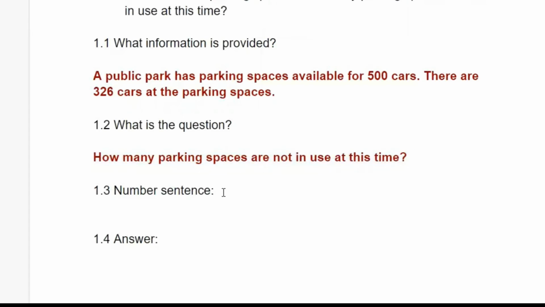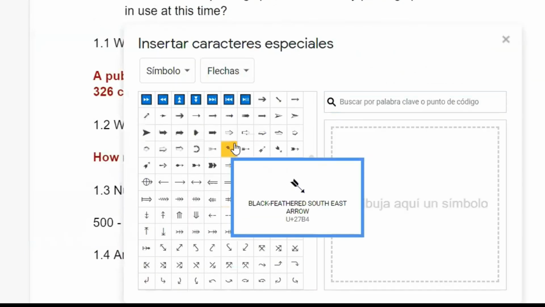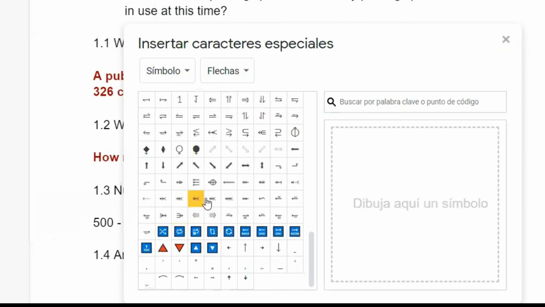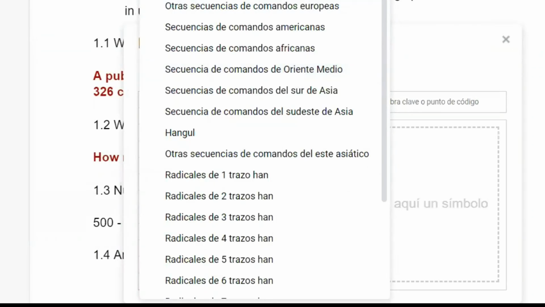And then number sentence, we have said that it is a subtraction. So the number sentence is 500 minus 326 equals, we don't know, so we can write a symbol. Like for example, let's look for a symbol.